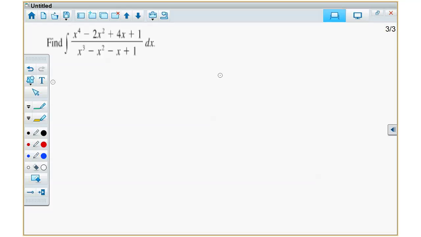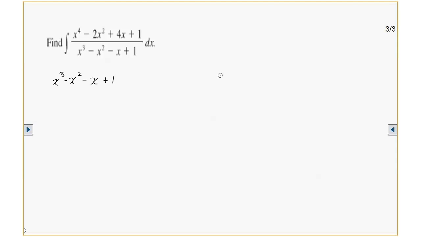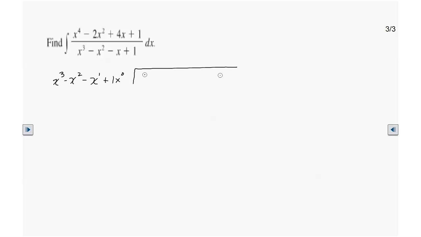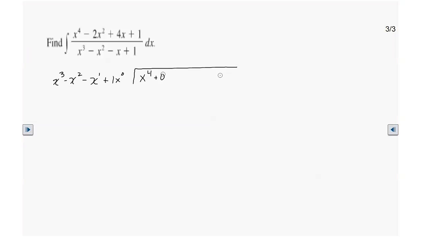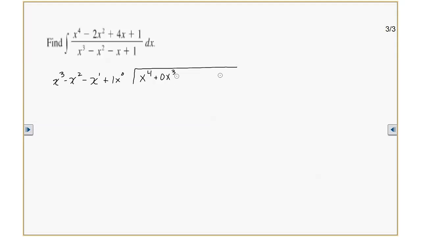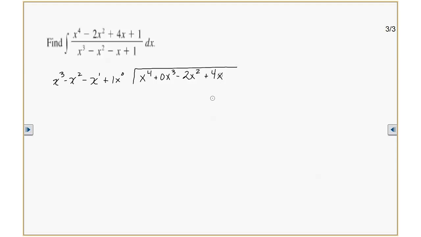So x to the third minus x squared minus x plus 1, nothing missing there. 3, 2, 1, 0, nothing missing. x to the fourth plus 0x cubed minus 2x squared plus 4x plus 1.